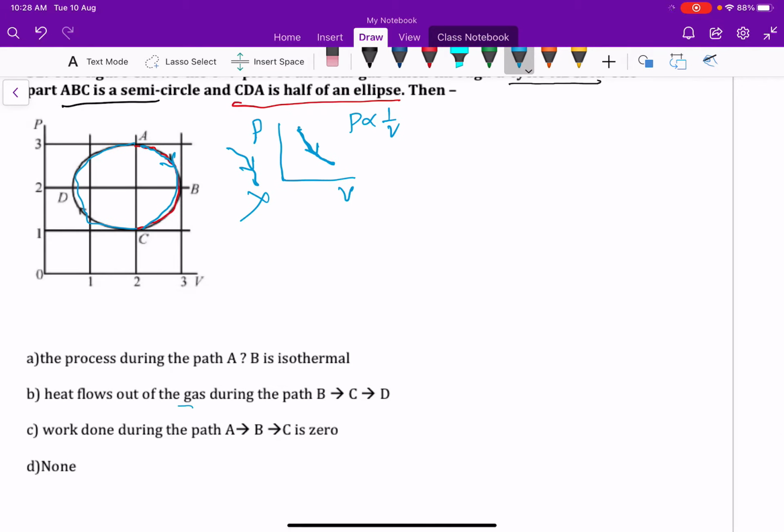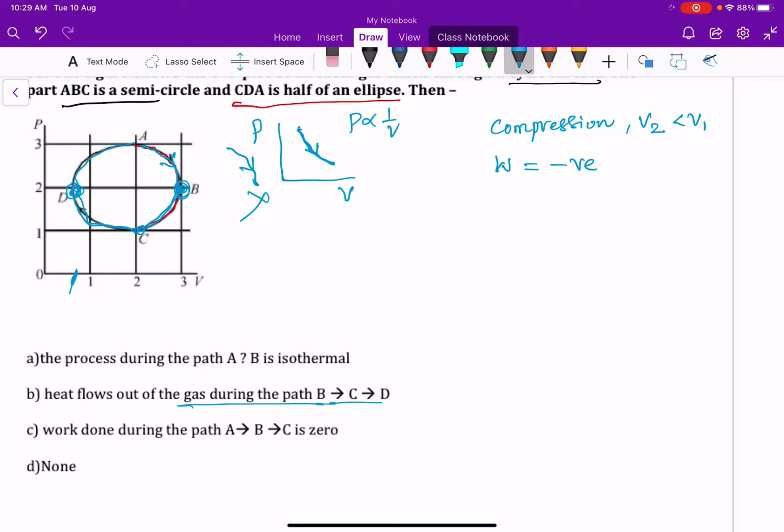Heat flows out of the gas during the path B to C and C to D. Here initial volume is 3V and final volume is just less than 1V. Isn't it right? As the volume is decreasing, this process is nothing but compression. In compression, final volume is less than initial volume, so work done is negative here.